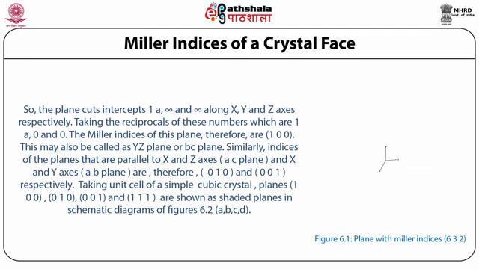Similarly, the indices of the planes that are parallel to the x and z axes, that is the AC plane, and of the x and y axes, that is the AB plane, are therefore (0 1 0) and (0 0 1) respectively.